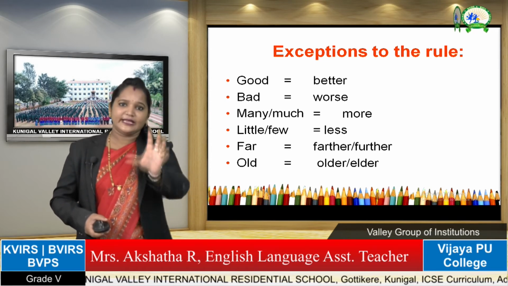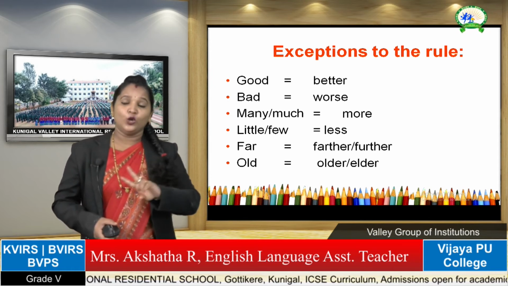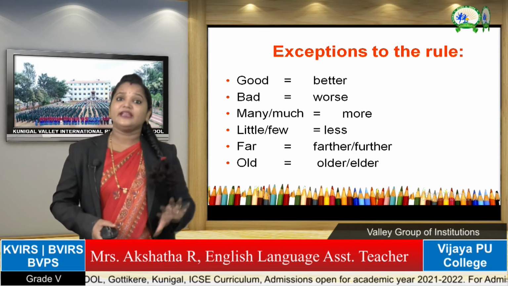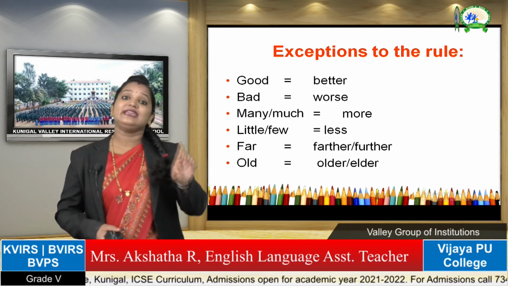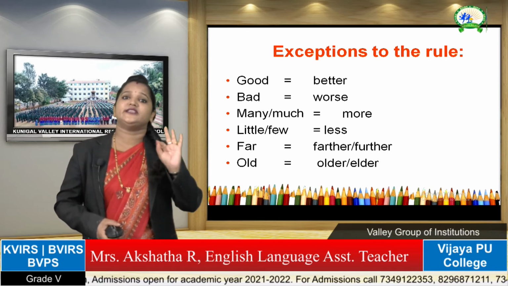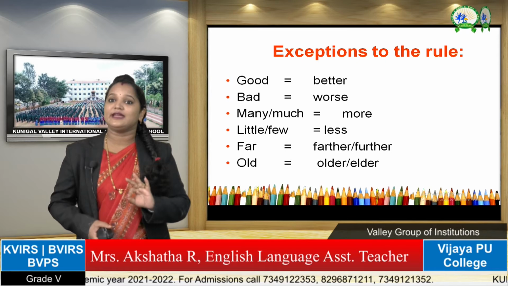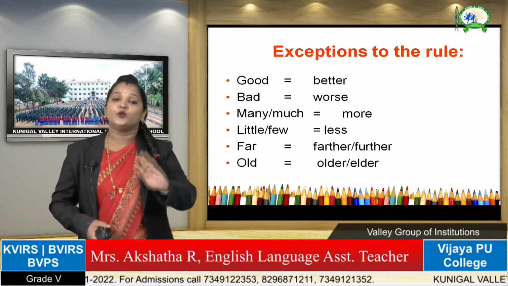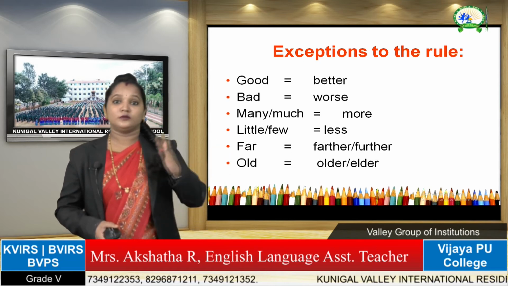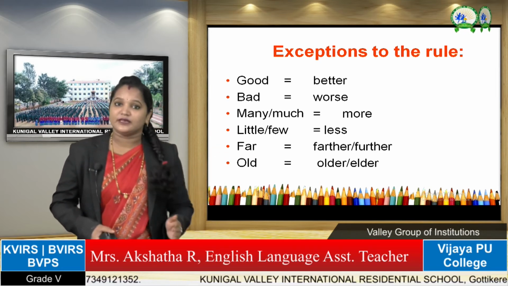In the same way, these are the exceptional cases you should always keep in your mind. First thing I told, when we compare two things, it is called comparative degree. When you are comparing two things, you have to add ER to the adjectives. But for the word which ends with FUL and the word which ends with E, we are not going to add ER. Before the adjective, we are going to write more. So it will become more beautiful, more hopeful, more expensive, like this.